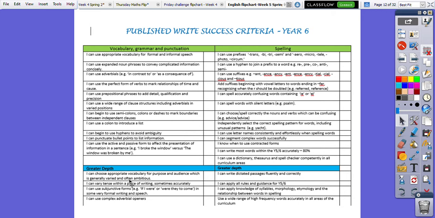However, if you choose to put any dialogue into your writing today, between the villagers, for example, you might want to use quite informal language because they're in a rush, they're in a panic, they're not going to be speaking in full sentences. You can also use complex adverbial openings to show your greater depth standards this week. So make sure you pause the video on this page and keep referring back to your Year 6 standards to ensure that you include as many as you can.